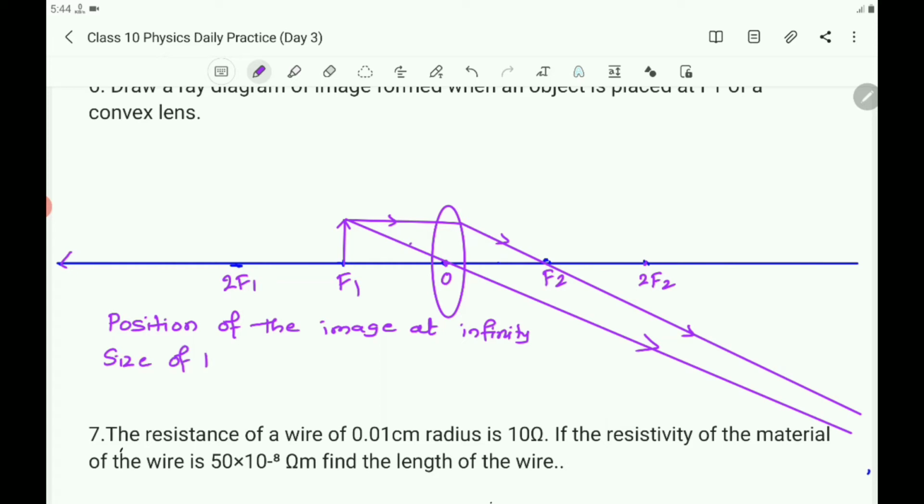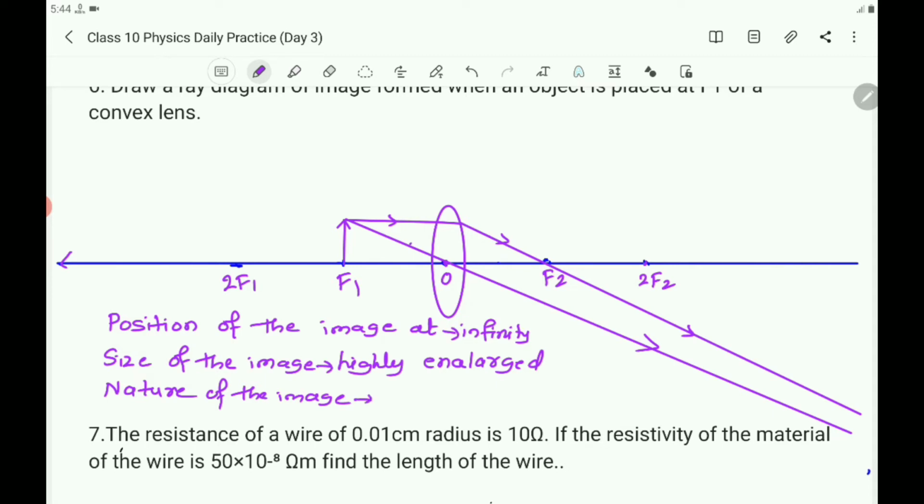Size of the image, highly enlarged. And it is a real and inverted image. This image can be caught on the screen. So write the nature of the image: that is real and inverted.